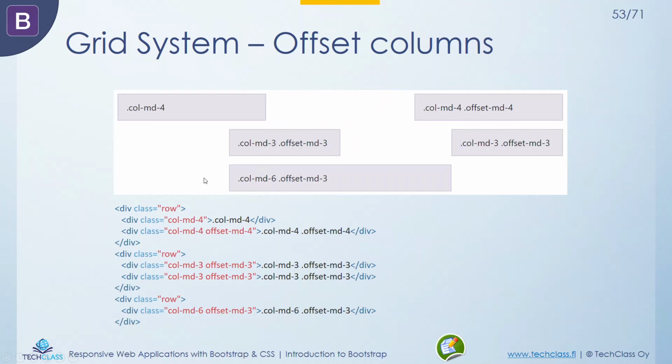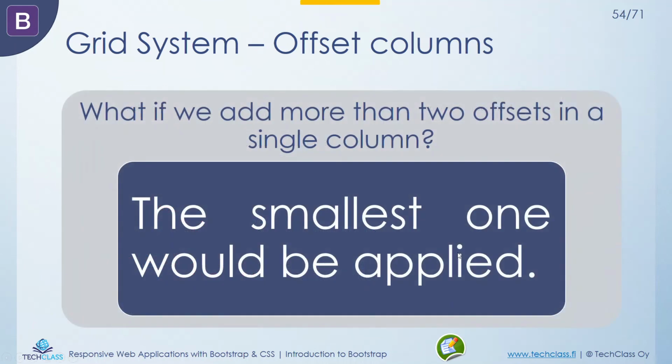We have here column-md-6, and then 3 is here with nothing, and then 3 here, because the combination of this row is 12. So here we have 6, and then we already told the browser that we need 3 offset. Very easy to use and very nice and handy.